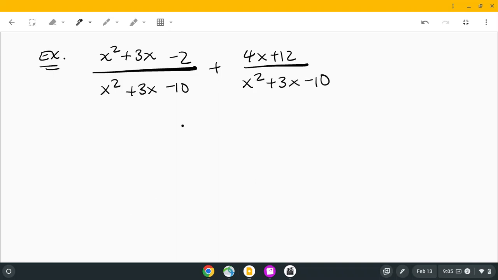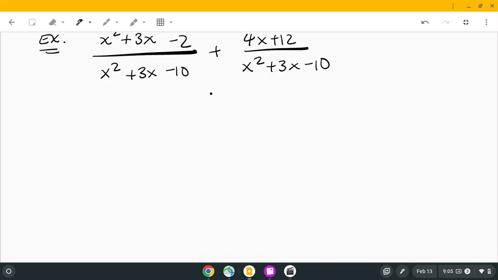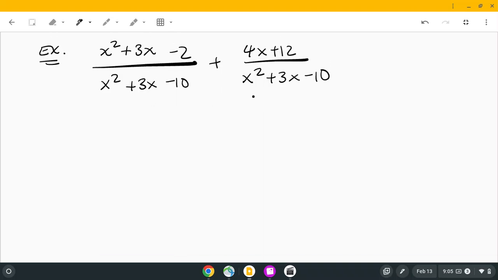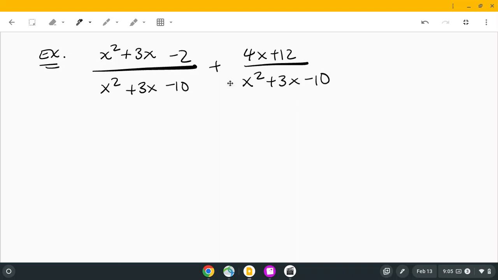Okay, so again, the denominators are like, so all I have to do is combine like terms. Okay, so I'm going to combine all of these, and I'm going to add them, so I don't have to change the signs of this second polynomial. Okay, so I'm going to go ahead and combine these here, so I get x squared.